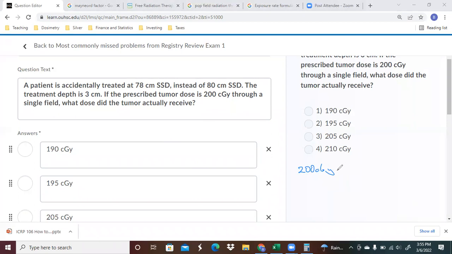In this particular case, the dose that was delivered, I'm going to represent as the new dose as opposed to the old, which in this case is going to be 200.